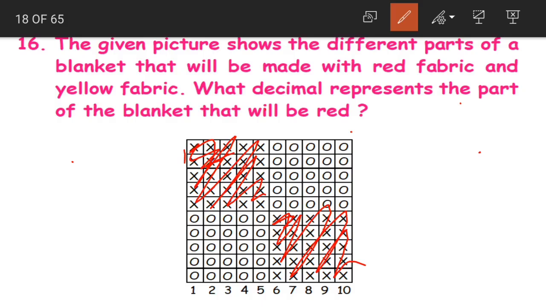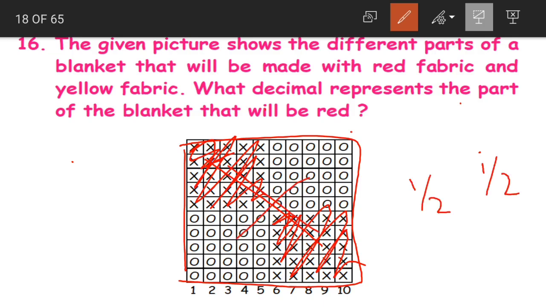If you observe carefully, in the whole figure here, half portion is filled with yellow and half portion is filled with red. Yes children, by looking at it itself we can say that half of the blanket will be covered in red. Now how do we represent half in decimal number?